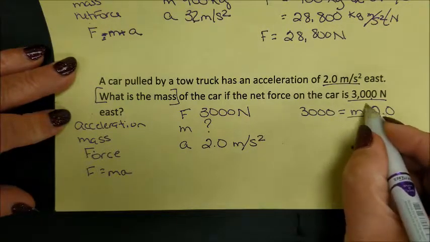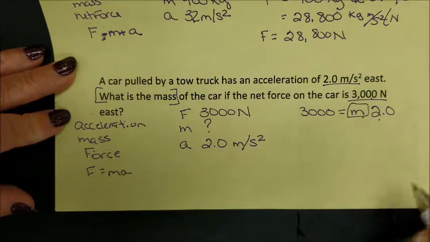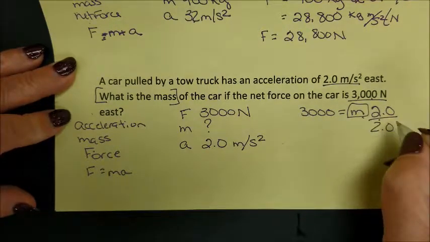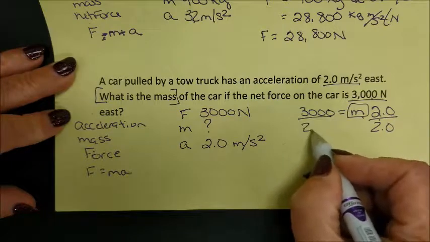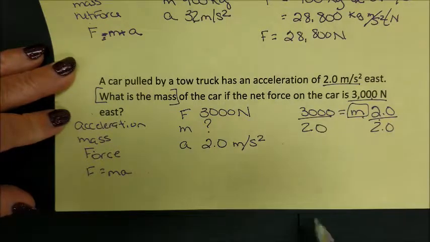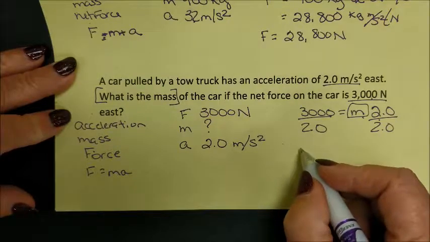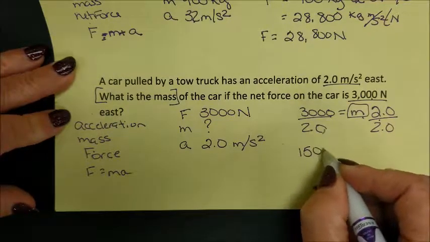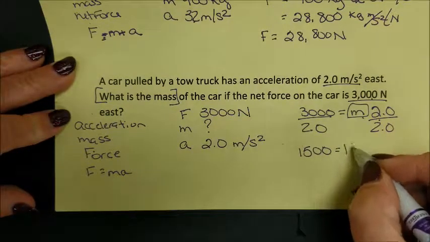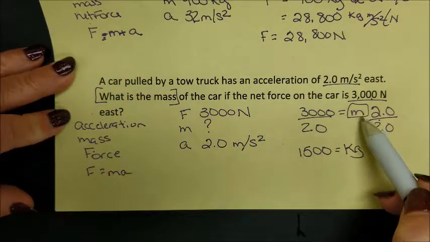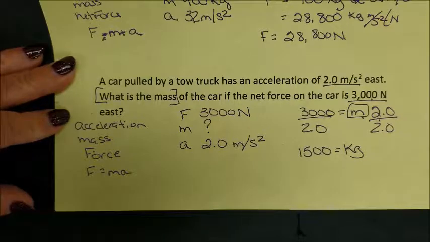We need the m by itself. 2 is being multiplied times the m, so we have to divide both sides by 2. So 3,000 divided by 2 is 1,500. And this is in kilograms. Since this was in newtons, when we look for our mass, it's going to be in kilograms.